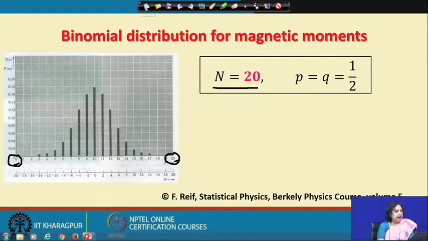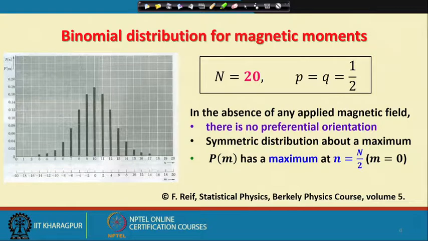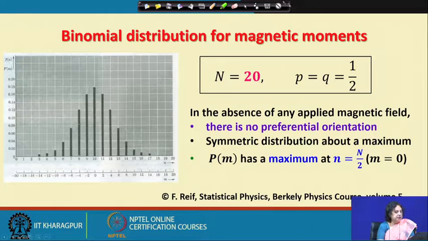But still I have a symmetric distribution, because there is no applied magnetic field and therefore, there is no preferential orientation for any of the sites to have an up spin or the down spin. This is the symmetric distribution about a maximum, and this maximum appears at small n equal to capital N by 2, or in other words, where small m is equal to 0.